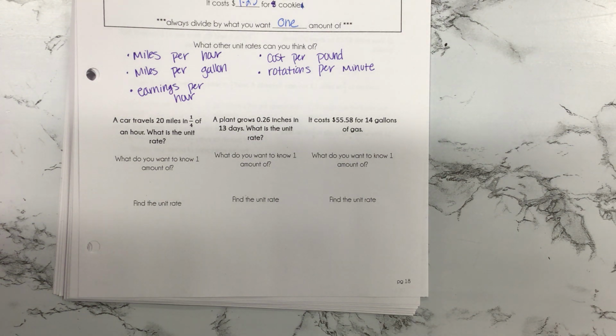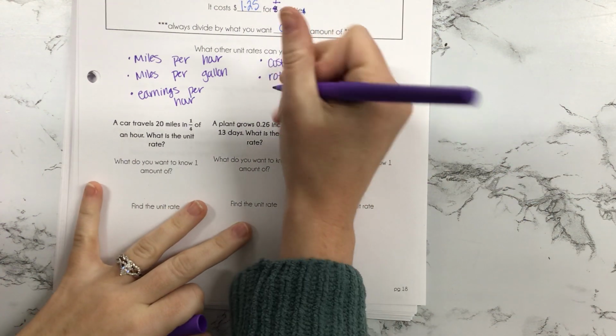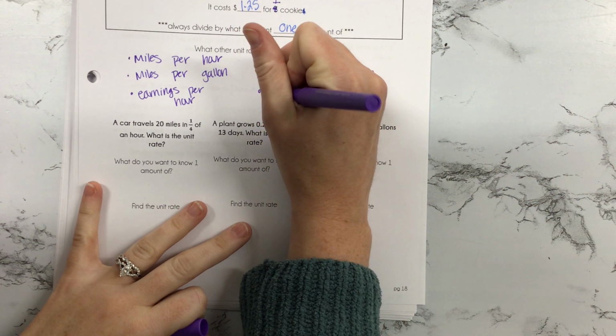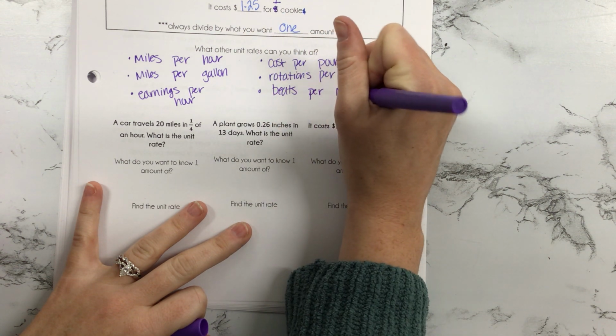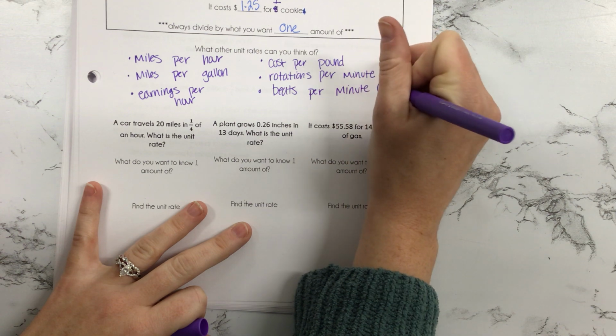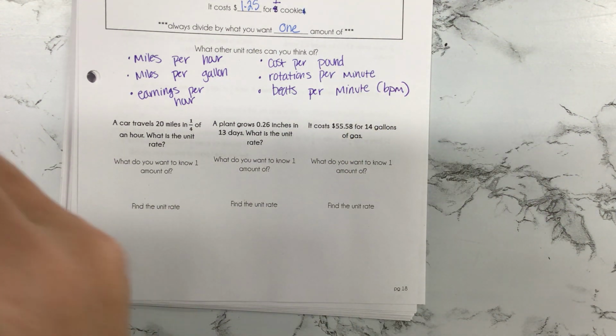Beef is $4.99 per pound or whatever it actually is. So that would be a unit rate. Rotations per minute on your car is a thing. And music, beats per minute. That's a good one. So if you ever see BPM, that's what that means.